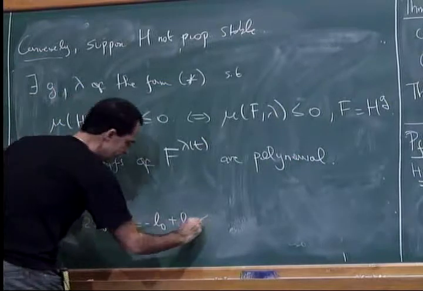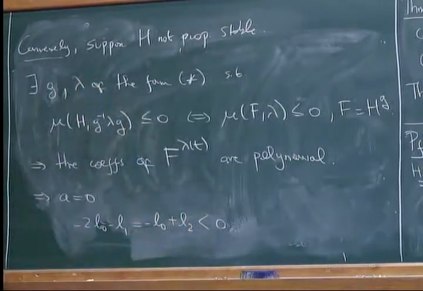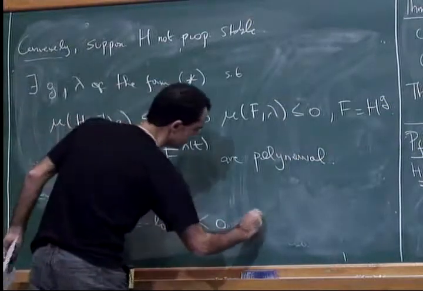And this is negative, because L2 is less than L naught, right? So that means that B must be 0 as well.